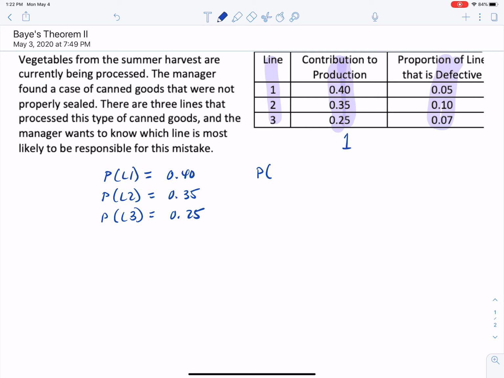So the probability that it's defective, given that it came from line 1, is 5%. Then defective given line 2 and defective given line 3: a 10% chance here and a 7% chance there.